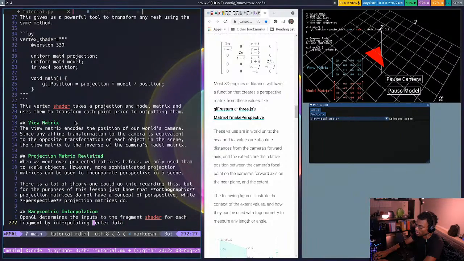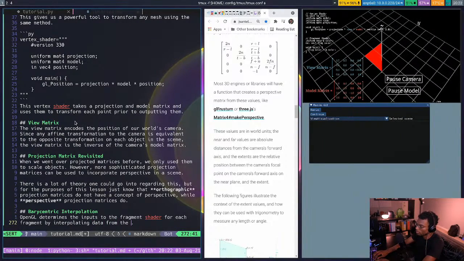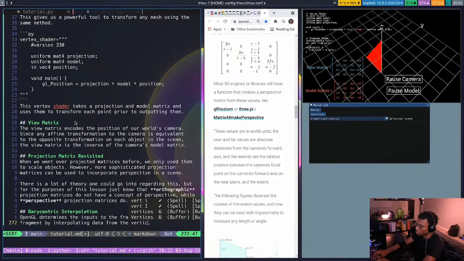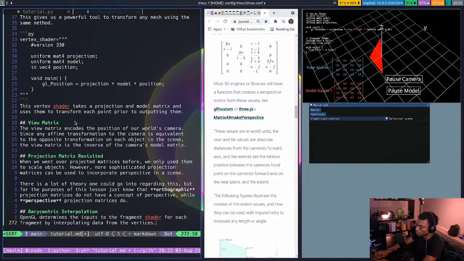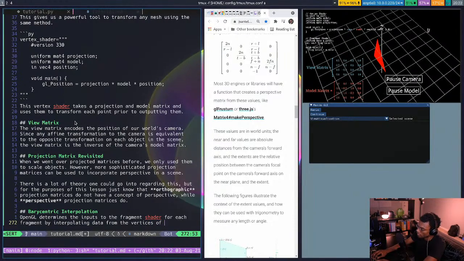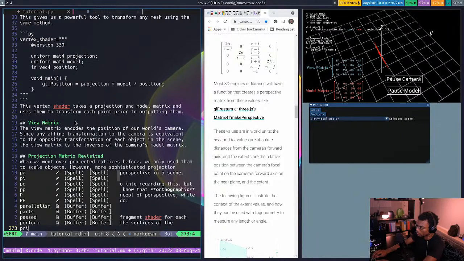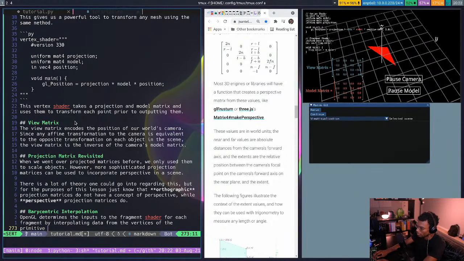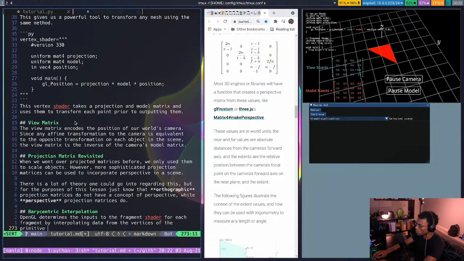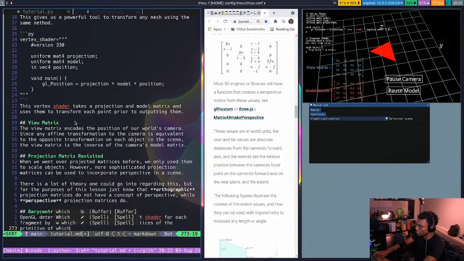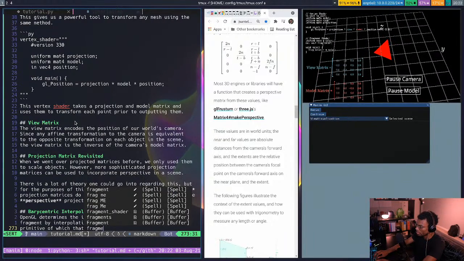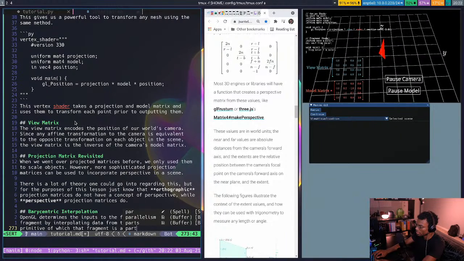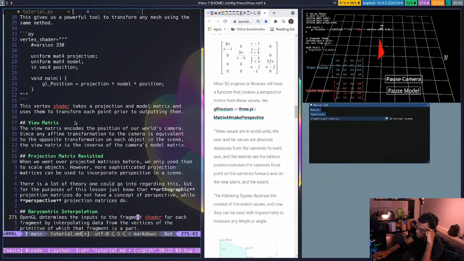Maybe I want to say interpolating data from the vertices of the primitive of which that fragment is a part. That's an awkward sentence.